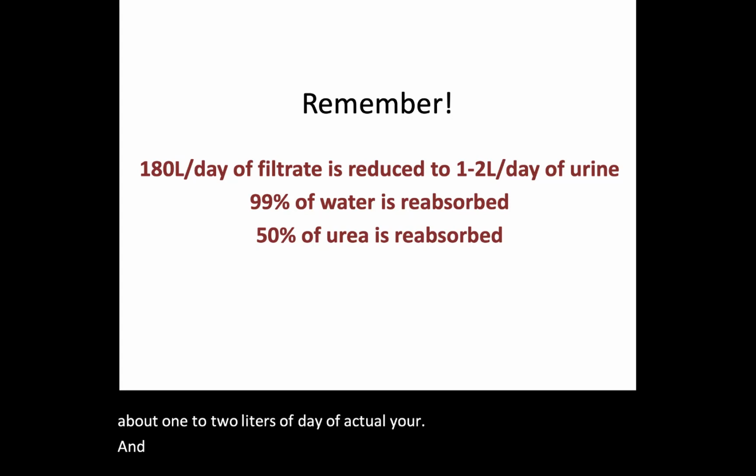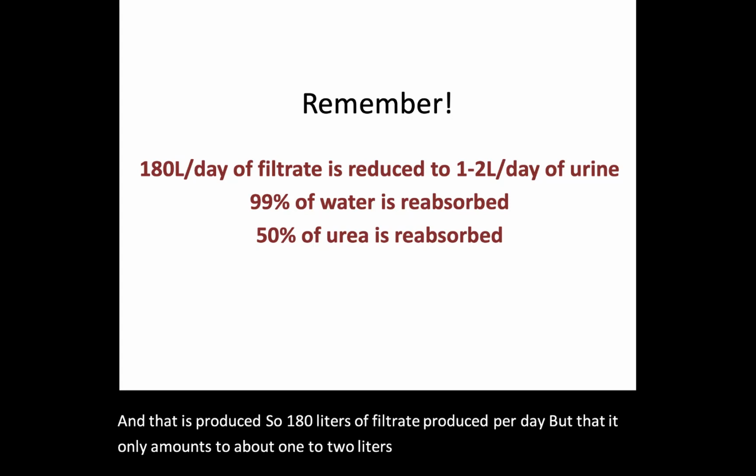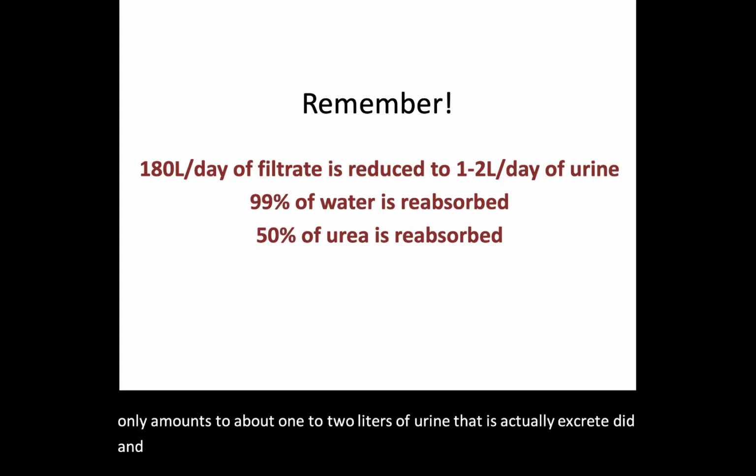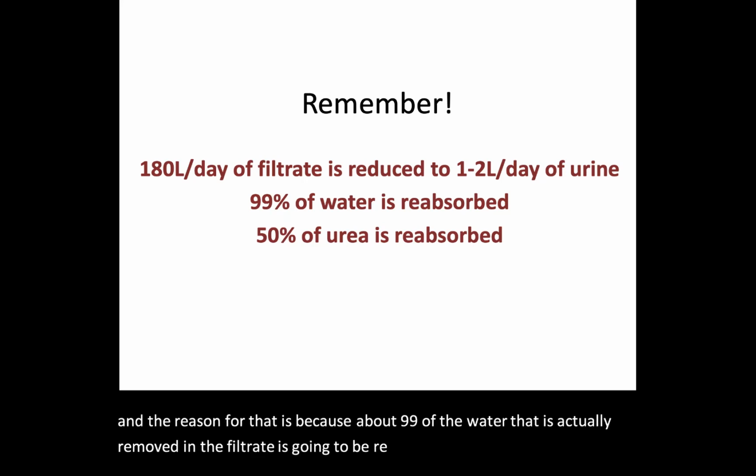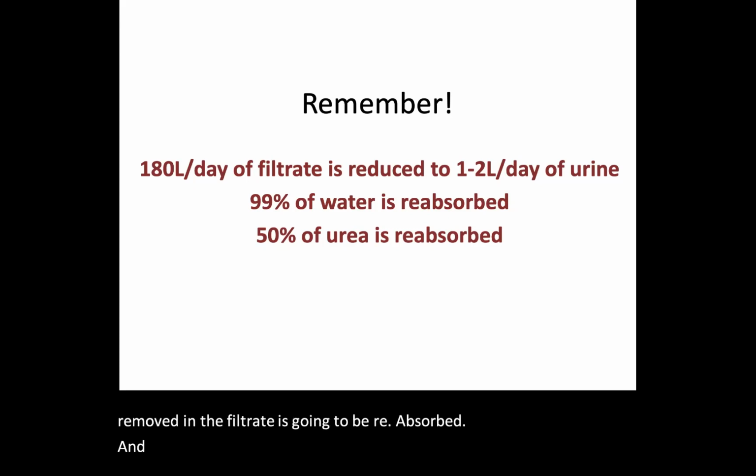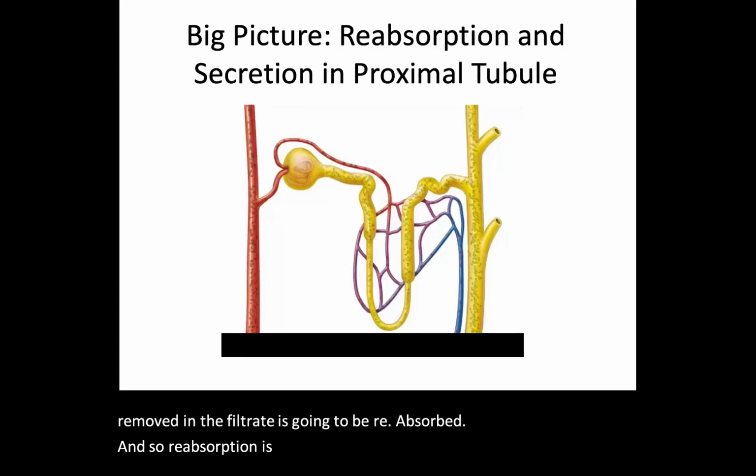Right? So 180 liters of filtrate produced per day, but it only amounts to about 1 to 2 liters of urine that is actually excreted. And the reason for that is because about 99% of the water that is removed in the filtrate is going to be reabsorbed. And so reabsorption is key in the process.